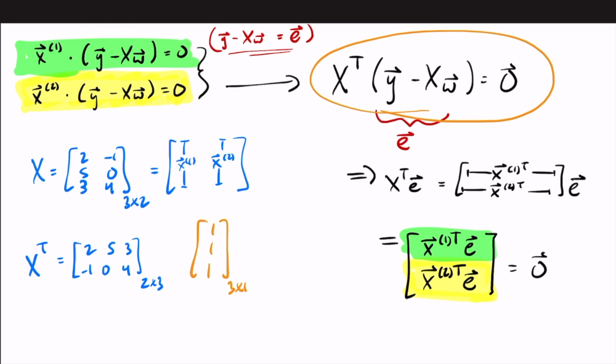This is just a more compact way of writing it, in terms of a matrix, because we're taking our x1 and our x2 and saying this is x, but now x transposed, which allows us to say the rows of x transpose are the columns of x. Since x1 and x2 are the columns of x, we just transpose it, and then we can combine all this stuff, and that's how that works out. So this is the key idea here.